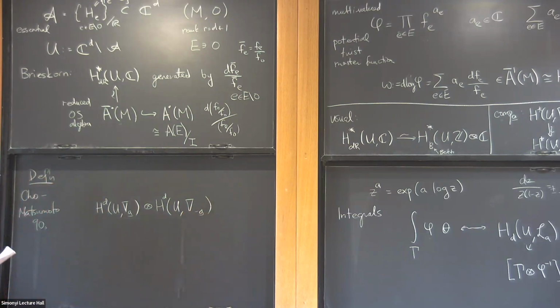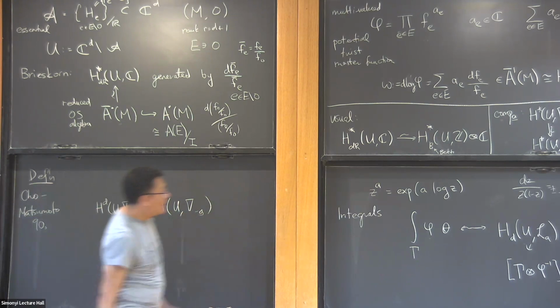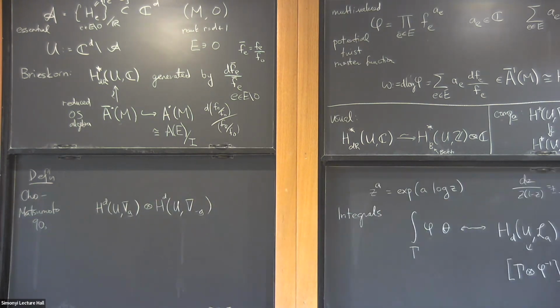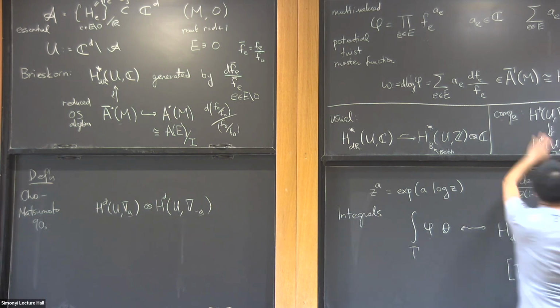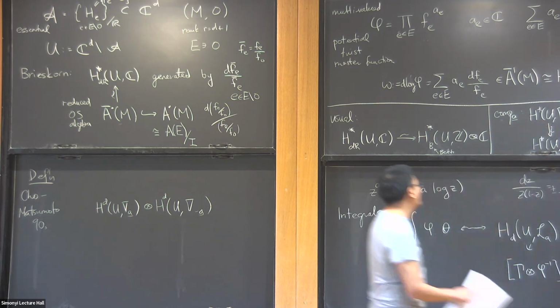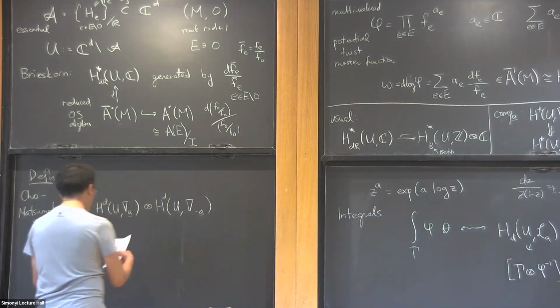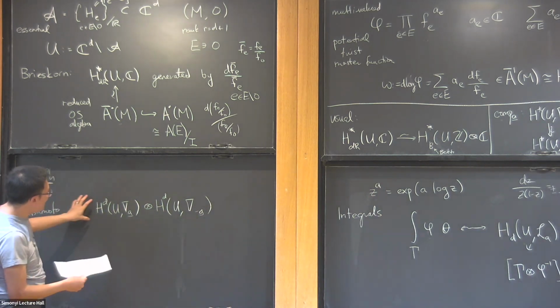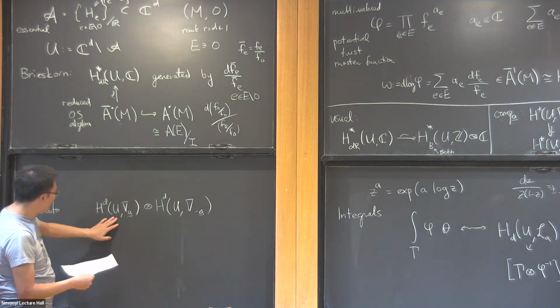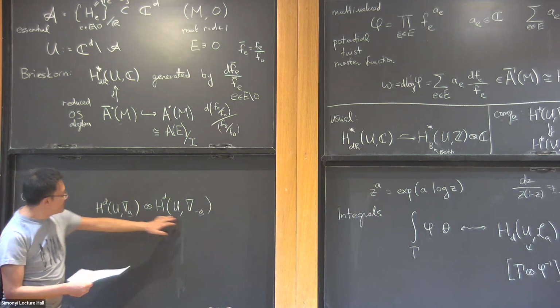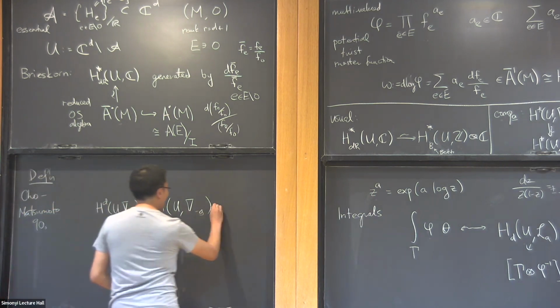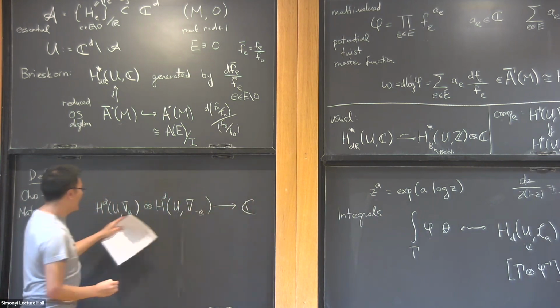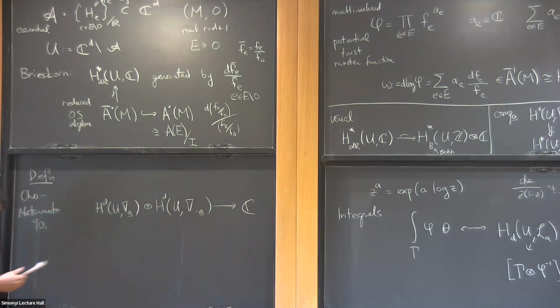I'll be using these theorems, and the corresponding things also work over here since they're isomorphic. So I'm going to look at the pairing between this twisted cohomology group and this twisted cohomology group. It takes an element here, an element here, and pops out a number.